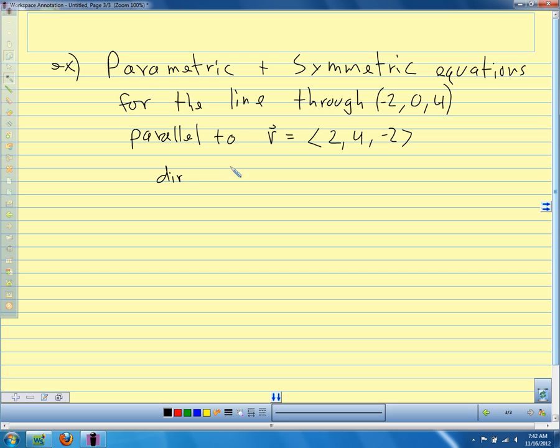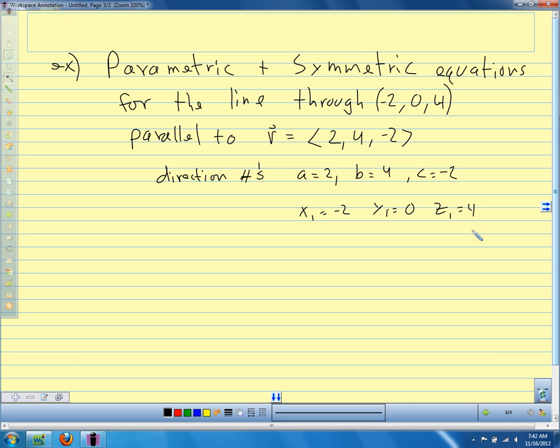So our direction numbers: a equals 2, b equals 4, and c equals negative 2. And I'm just making this all explicit for this example. The point we go through: x1 equals negative 2, y1 equals 0, and z1 equals 4.